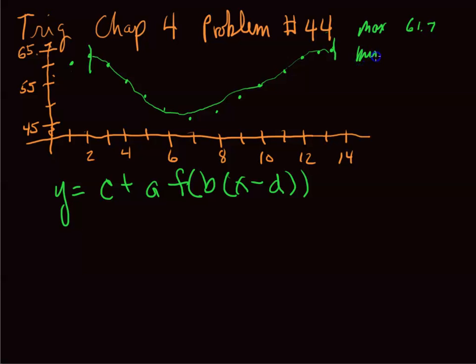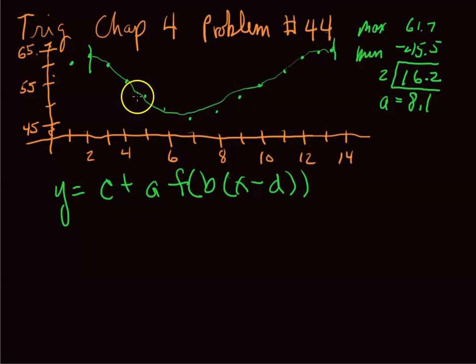The minimum is 45.5. When we subtract the two, we get a 2. Let's see. 11 minus 5 is 6. And 5 minus 4 is 1. Half of that should give us 8.1. This is what A is.